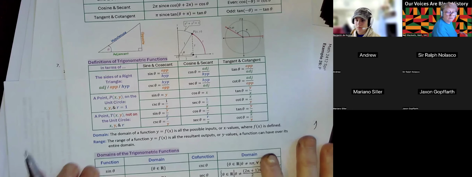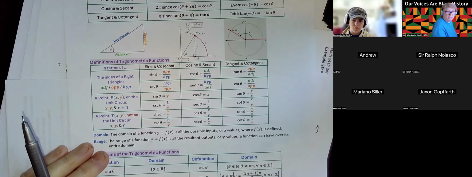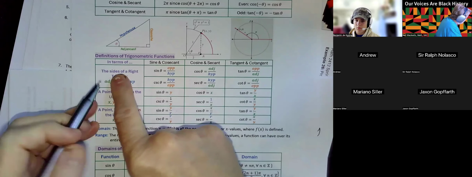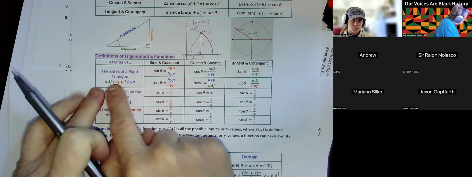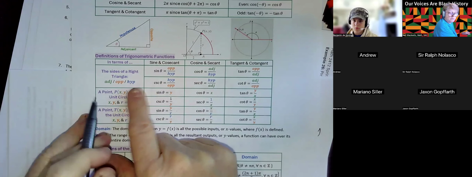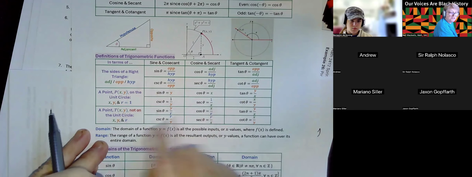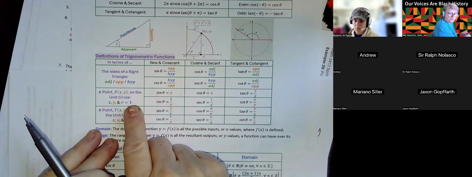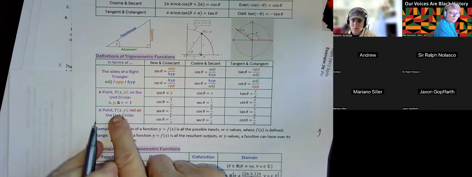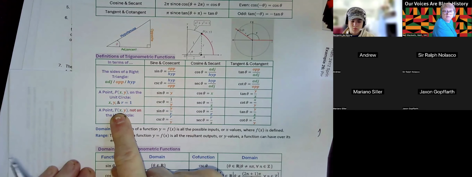So now we can look at this entire table. We have all of the trig functions by the sides of a rectangle, all of the trig functions by points on a unit circle, and all of the trig functions by a point anywhere.